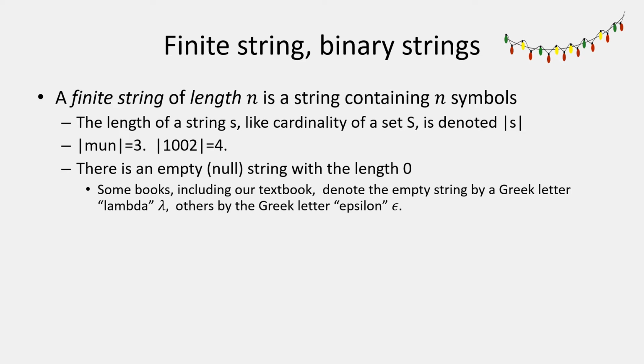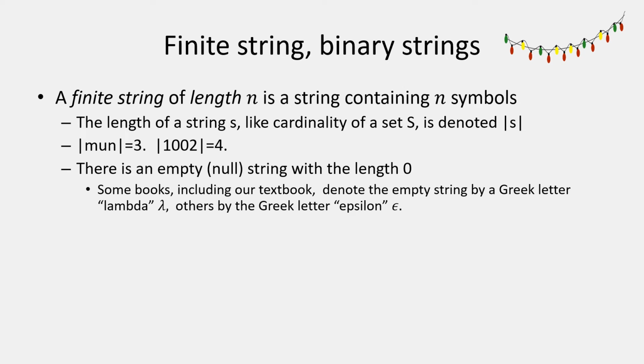Usually, except in very rare cases, we will be talking about finite strings. So when I say string from now on, unless I say otherwise, it's going to be a finite string. And for a finite string, we could say what its length is. The length of a string is just the number of symbols.